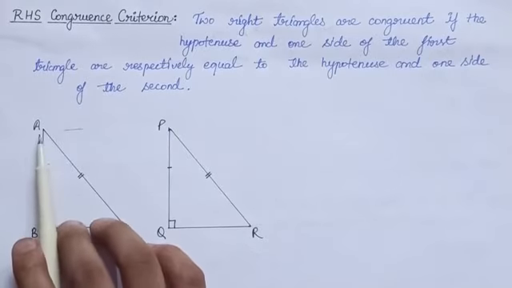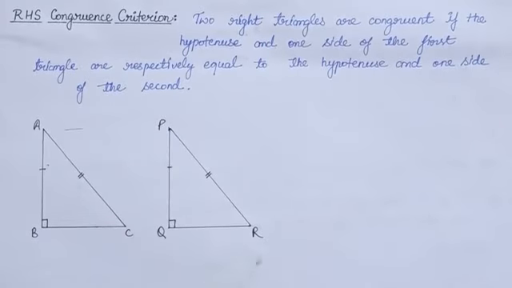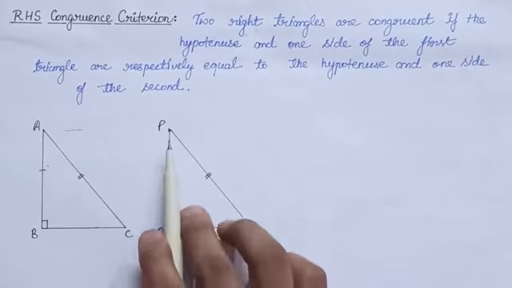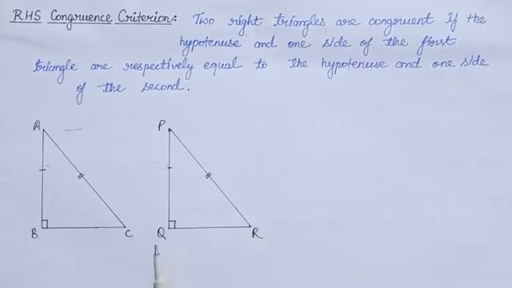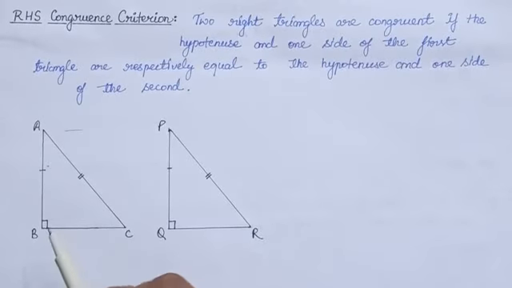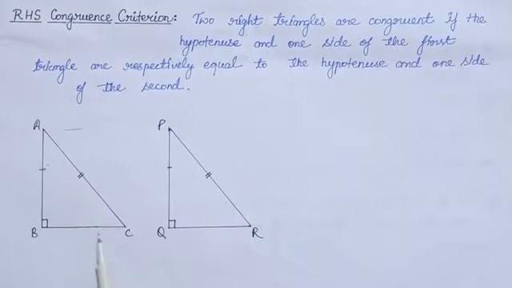If you see these two triangles ABC and PQR, then in the triangle ABC, angle B measures 90 degrees, and in the triangle PQR, angle Q measures 90 degrees. Hence, we can say these two triangles are right angle triangles. And you know, the side which is opposite to 90 degrees is known as the hypotenuse.